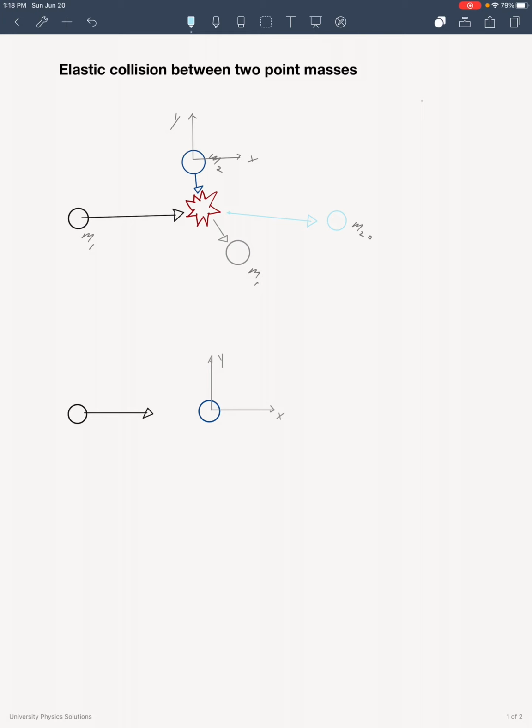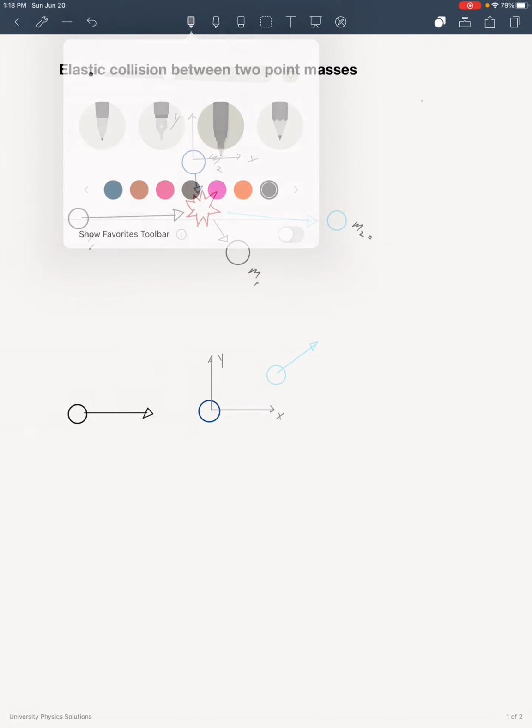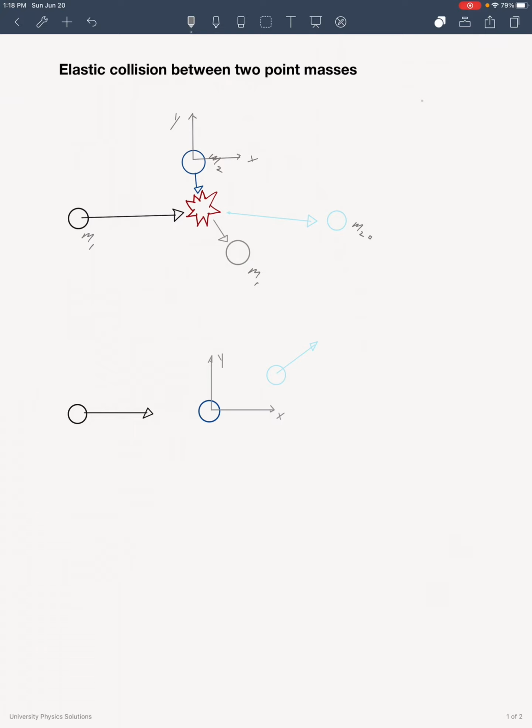So then the picture after the collision looks like M2 is here, with some velocity, and M1 is maybe here.